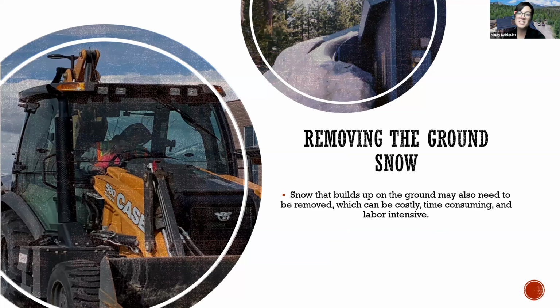So once that snow does slide off of the roof, oftentimes it does need to be removed. Removing ground snow is something that can be costly, time consuming, and labor intensive. This is actually my husband and my daughter in that loader there, and it is something that is very, very costly. The company that I worked for in Utah charged about $350 per hour per piece of equipment to run heavy equipment and remove snow.